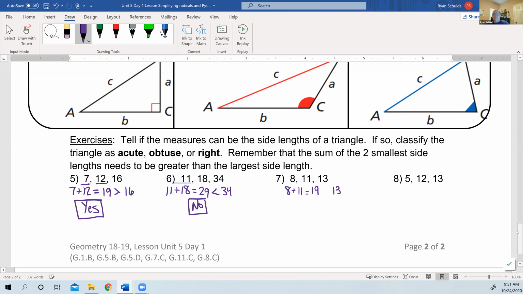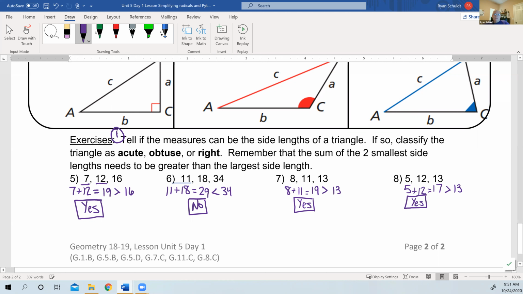How does that compare to 13? It's greater than. Can this be a triangle? Yes. And then the last one, 5 plus 12 is equal to 17. How does that compare to 13? It's greater than. So can this be a triangle? Yes.